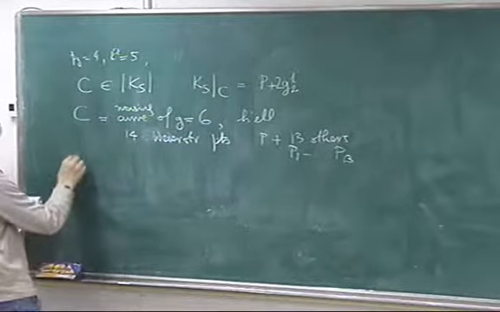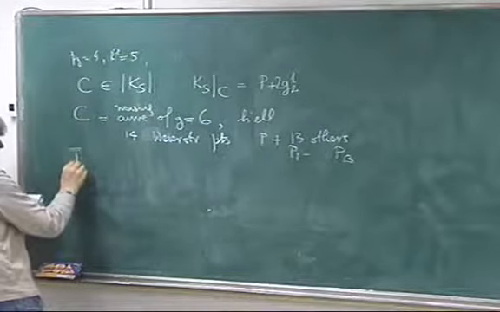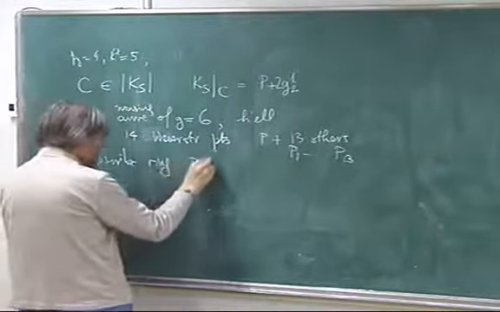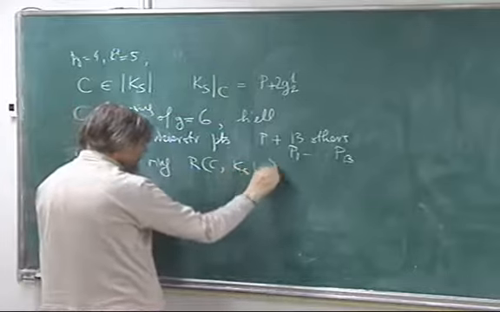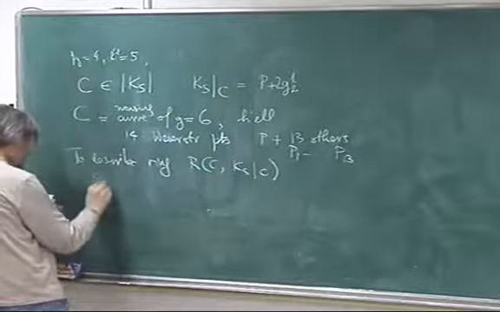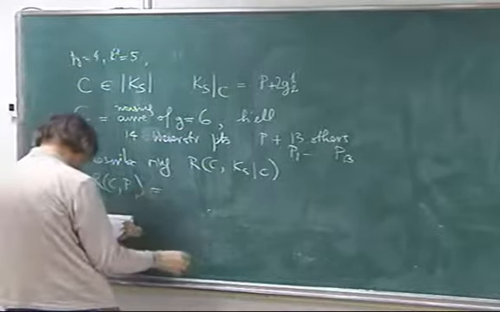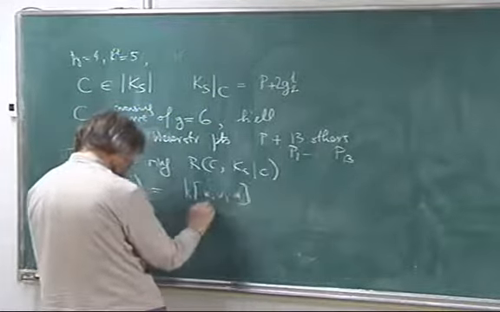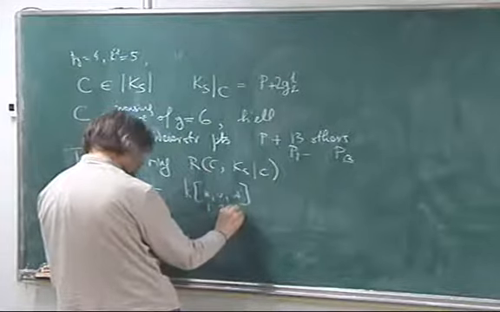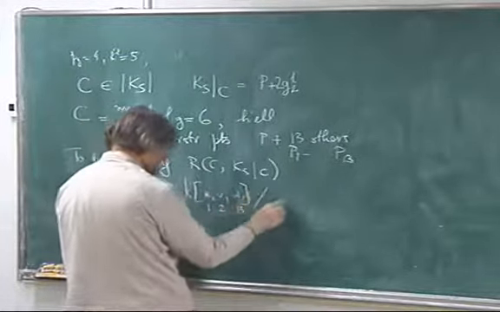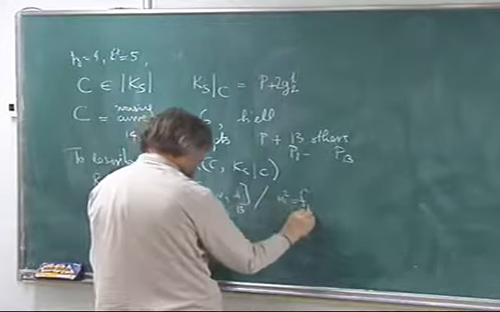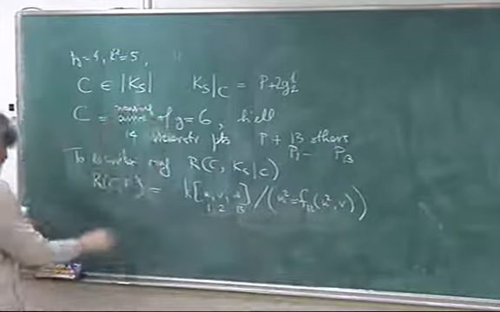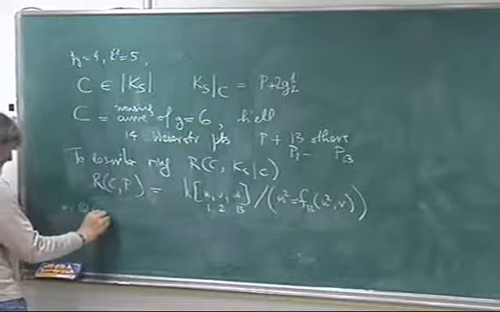I'm going to remind you how to describe the ring R of C and K_S restricted to C. First, I'm going to do R of C and P. This is k[U, V, W], of degrees 1, 2, and 13, divided by a single equation, W squared equals F13 of U squared, V. Here U is O_C included into O_C(P).